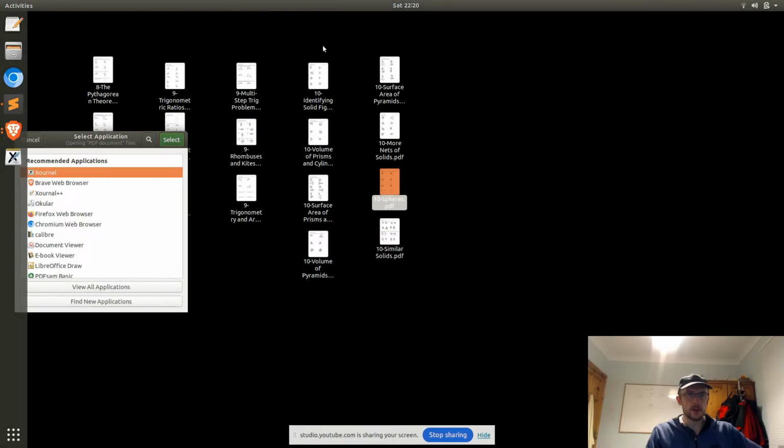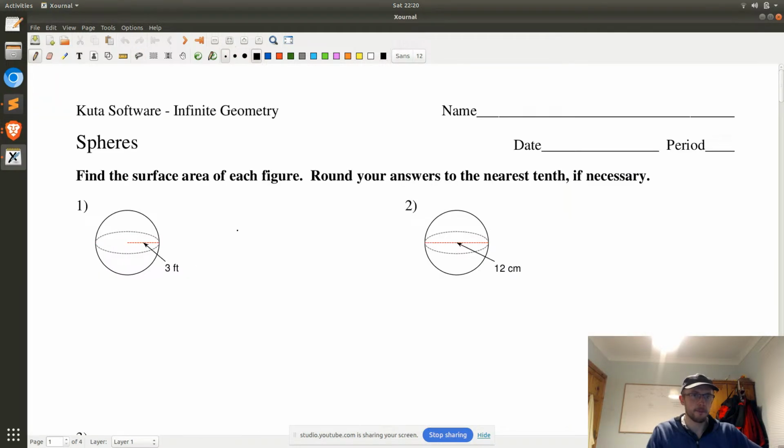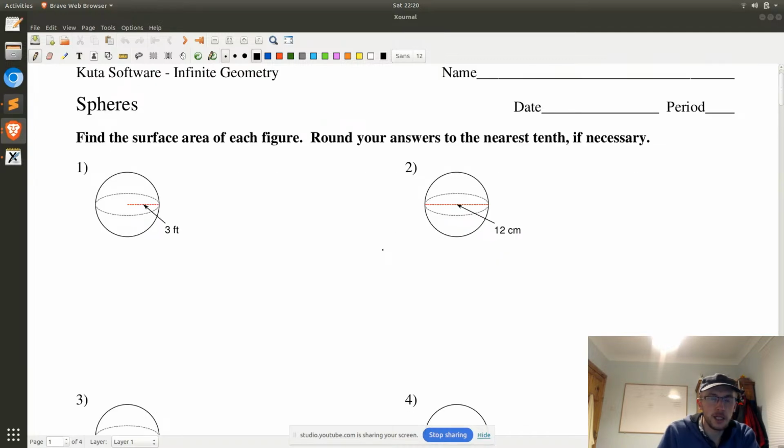And now for spheres. Who fears spheres? Not me. Anyway, all right. So I know that the volume is 4/3 of pi r cubed, and the surface area is 4 times its shadow. So here we go. Calculator time.